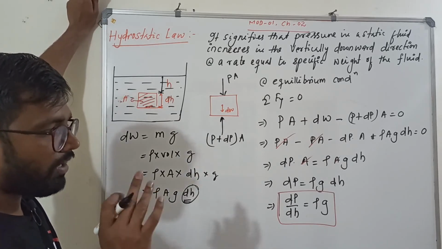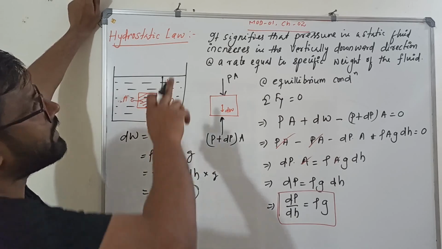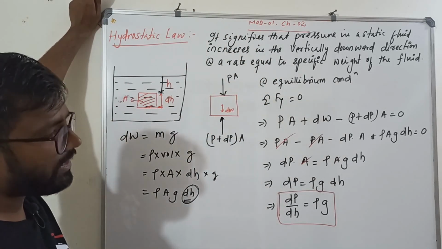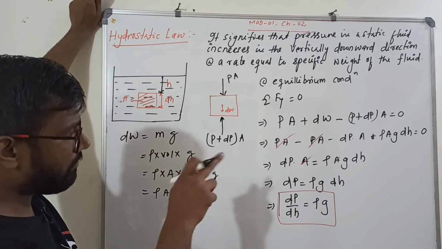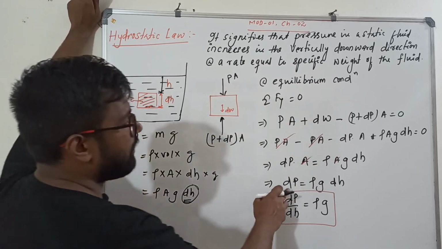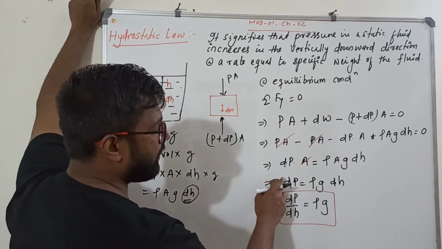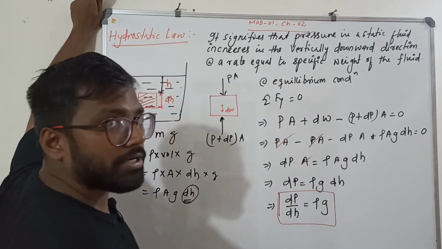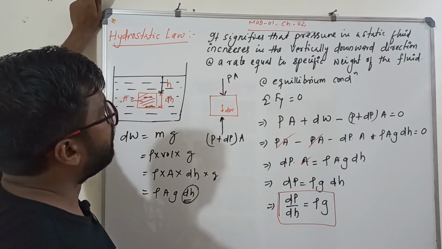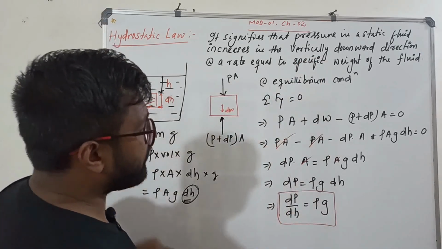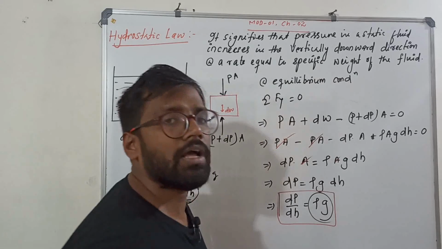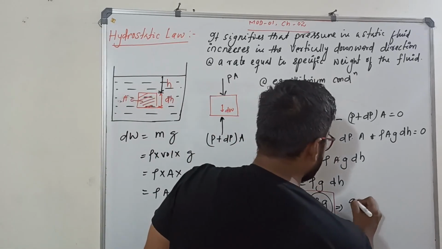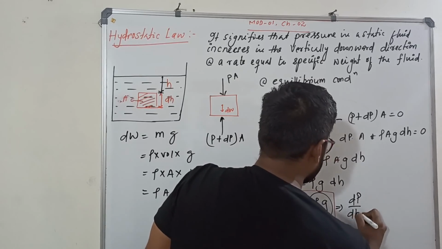This is nothing but the hydrostatic law. What does the hydrostatic law say? It signifies that pressure in a static fluid increases in the vertically downward direction, at a rate equal to the specific weight of the fluid. What is rho into G? Gamma. Remember, we have also studied rho into G in module 1 chapter 1.